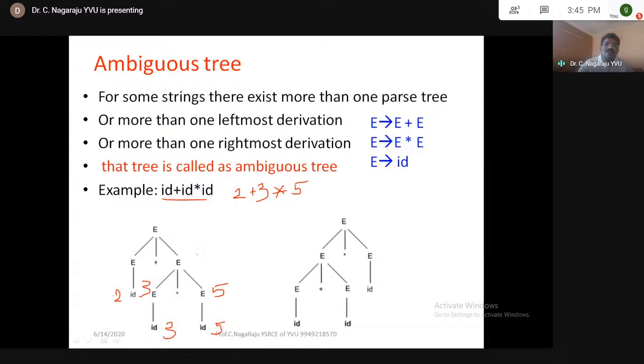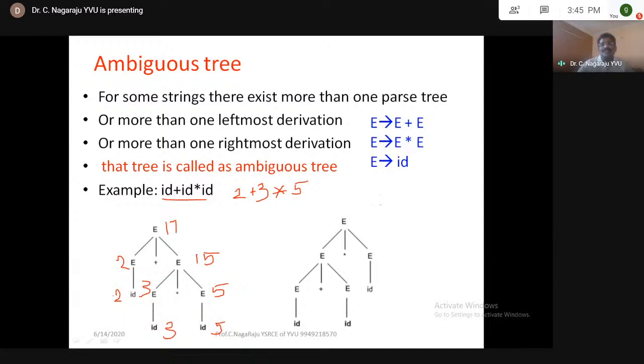So 3 into 5 is replaced, which equals 15. After that we take 2, with E replaced by 3, and the plus, so 15 plus 2 equals 17. The answer is 17.